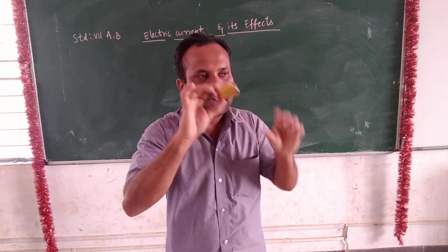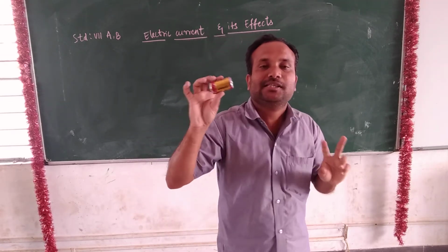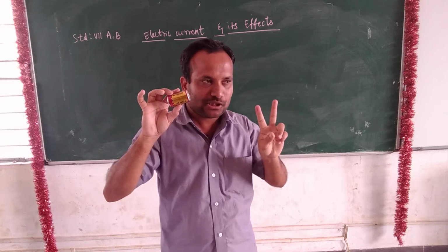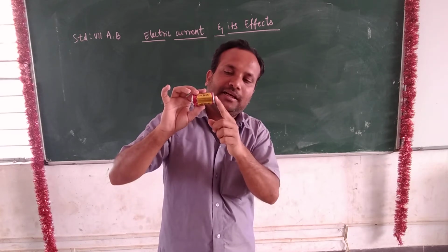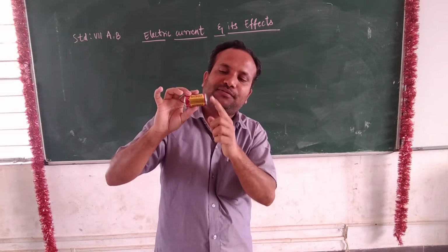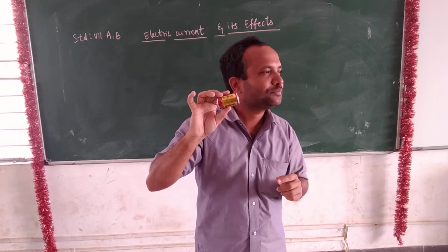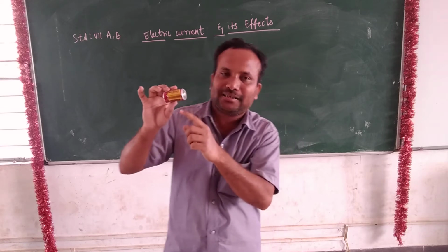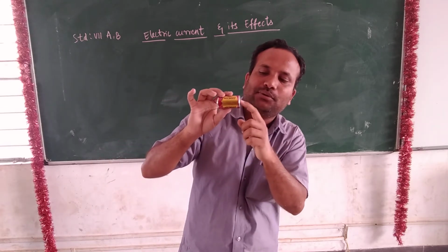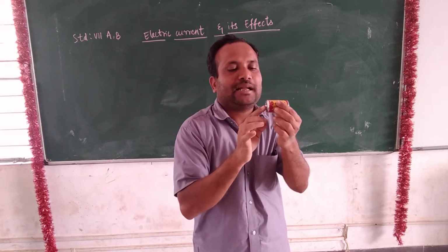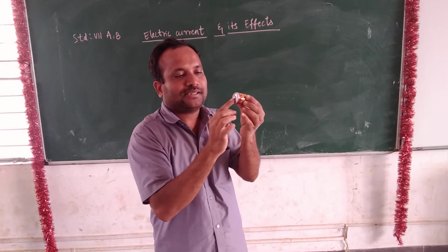Then this battery consists of two points. Here we have a flat one. This flat part is called the negative terminal, and here we have a lid-like surface.